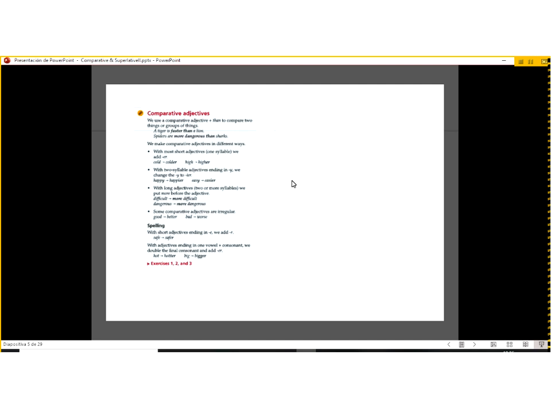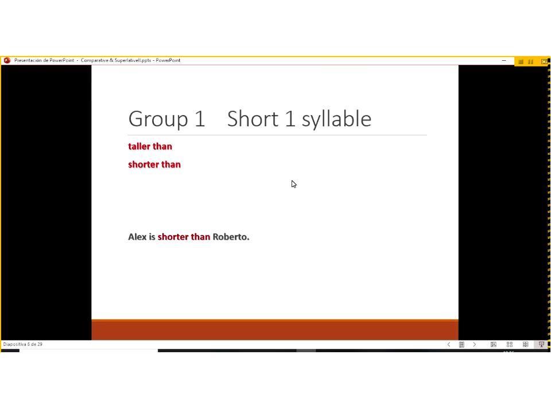For example, hot, hotter. It's one syllable, but it has a consonant, vowel, consonant, so we double the T. Or big, yes, it is one syllable and it has a consonant, a vowel, and a consonant. So it changed to bigger, so we double the G, okay?